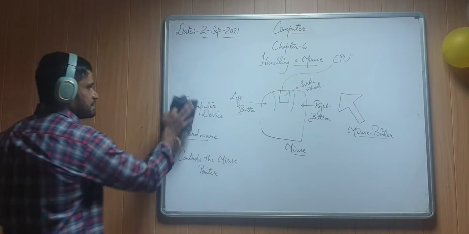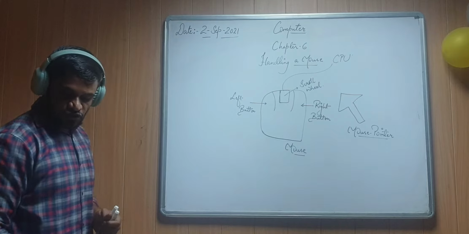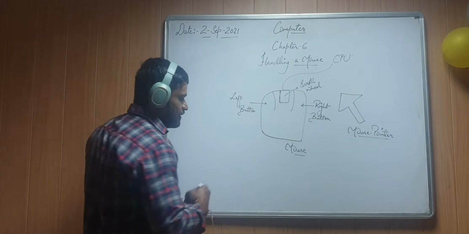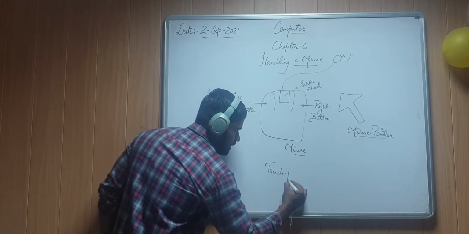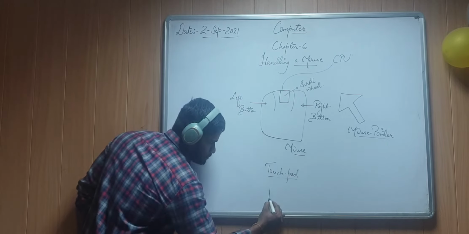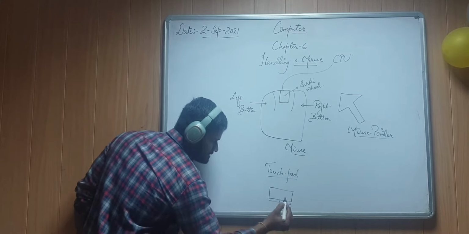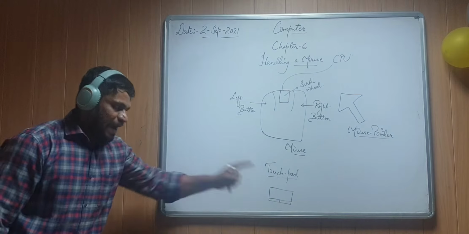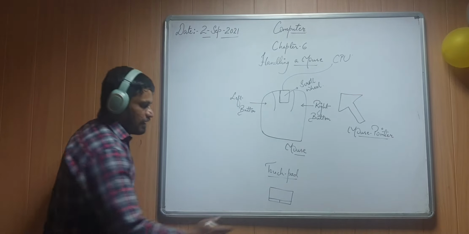After that, we have seen that in place of mouse, in laptop, we will find touchpad. In laptops, we have a small scroll pad which is known as touch pad. This pad works like your mouse.